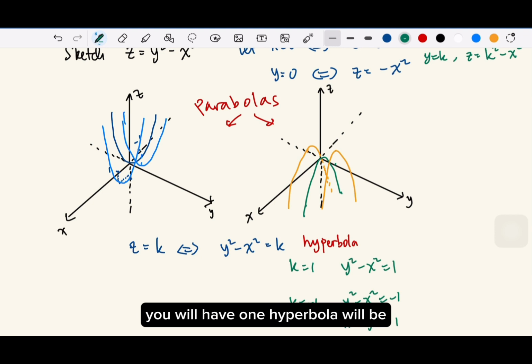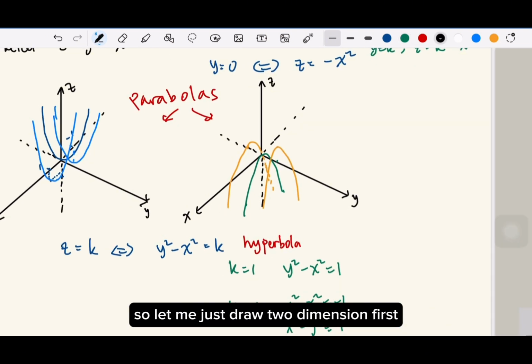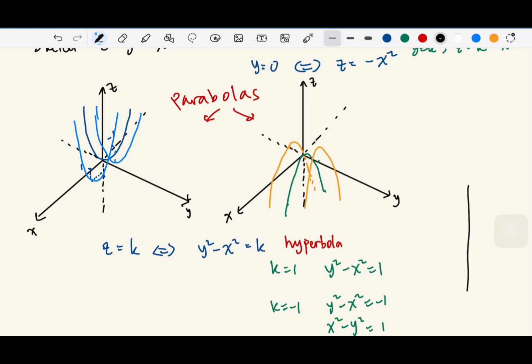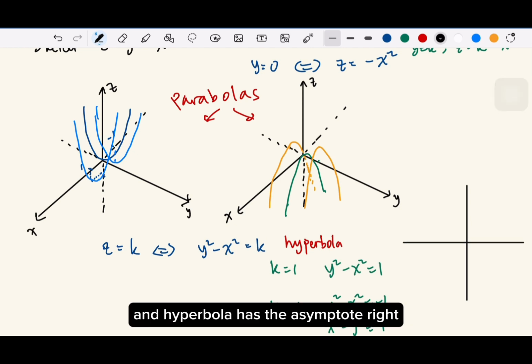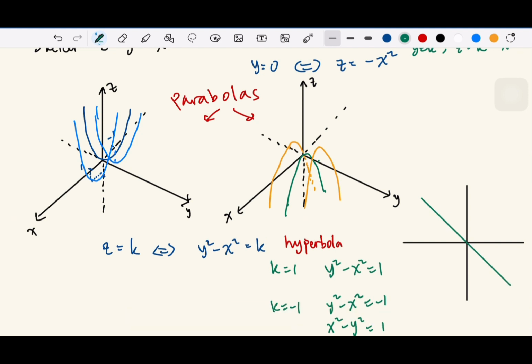These two hyperbolas, based on the y and x, if you remember the hyperbola, positive, negative. Imagine that this is the x and y axis. Let me just draw 2 dimensions first. A hyperbola has asymptotes, right?